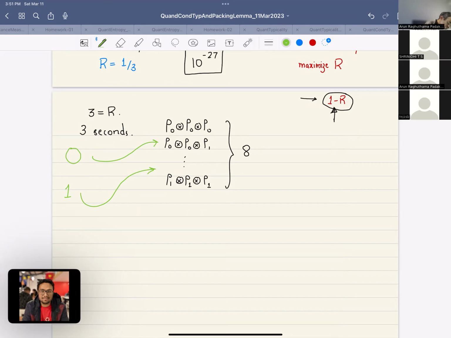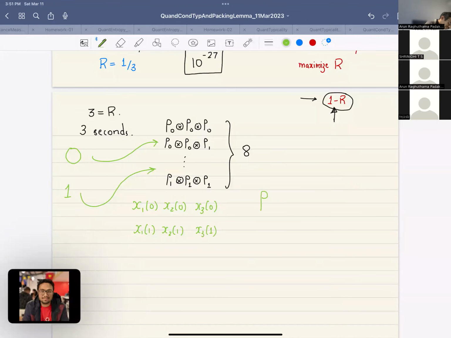So what she can do is decide her x1 of 0, x2 of 0, x3 of 0. She can decide this, and she can decide x1 of 1, x2 of 1, and x3 of 1, right?